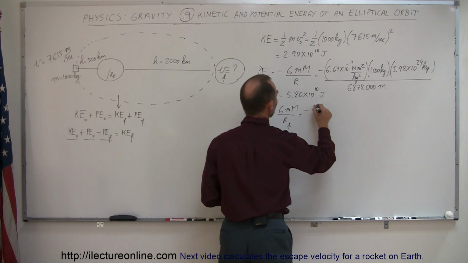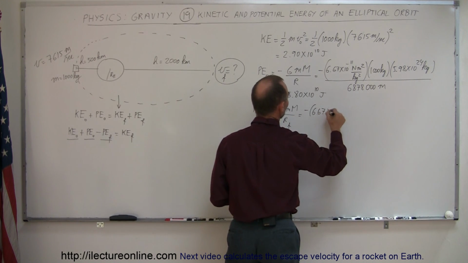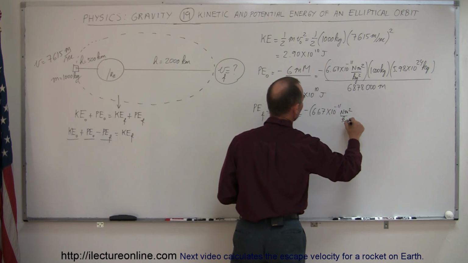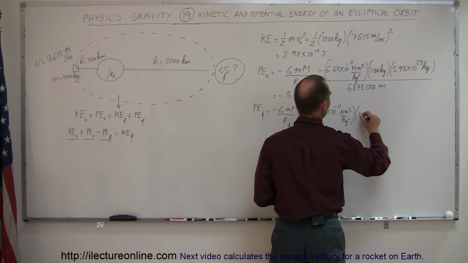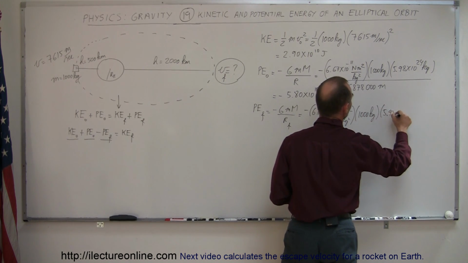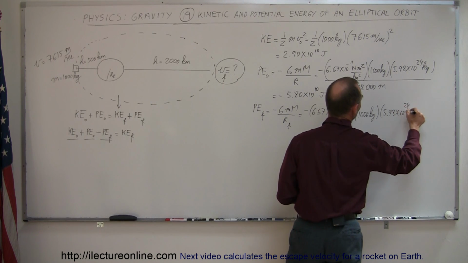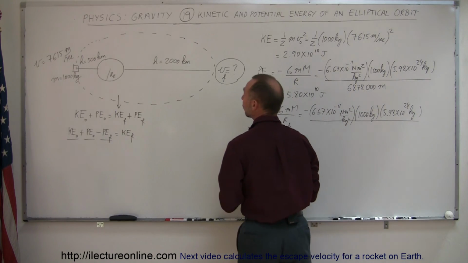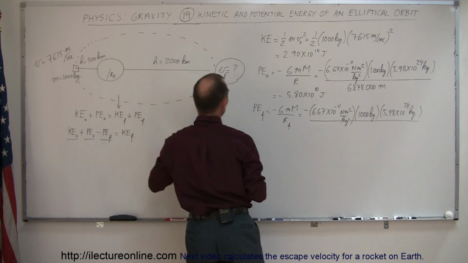So that's equal to minus 6.67 times 10 to the minus 11 newton meter squared per kilogram squared, times 1,000 kilograms, times 5.98 times 10 to the 24 kilograms. That's the mass of the Earth. And the whole thing divided by now the new radius, which is going to be the radius of the Earth plus 2,000 kilometers.